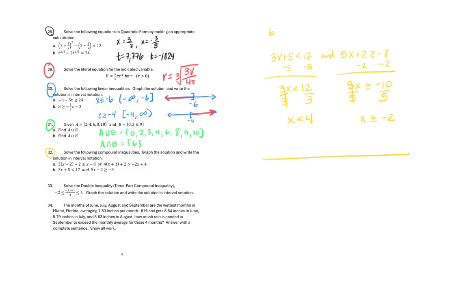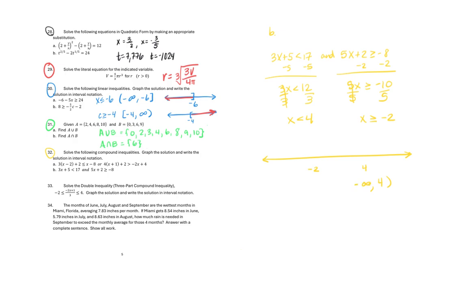So let's draw this out on the number line. And so we'll have a negative 2 here, and we'll also have a 4 here. So if we want to look at interval notation, it can't equal 4, so we're going to have a parenthesis here, so 4, and it can be less than, so I'm going to head towards the negative infinity direction.